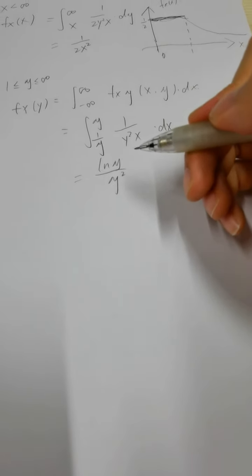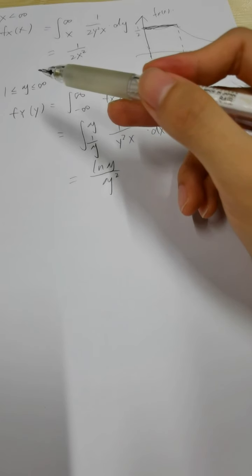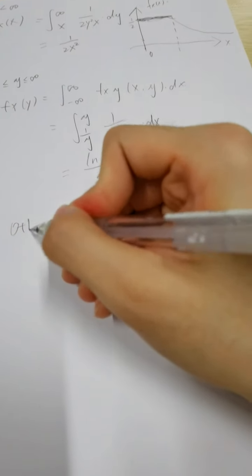This is for y from 1 to infinity. And for the other part, otherwise, it is just 0, so we can draw the graph. As we know, this part is from 1 to infinity, so the graph of it is like this.